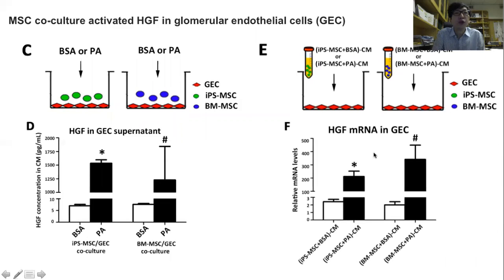Here we also show that in the glomerular endothelial cells, the incubation with the conditioned medium, the conditioned medium taken from the cells that were incubated with stem cells, we also see an increase in the hepatocyte growth factor level.